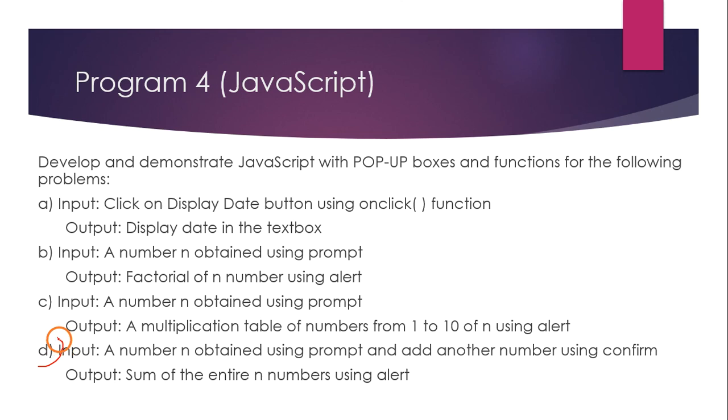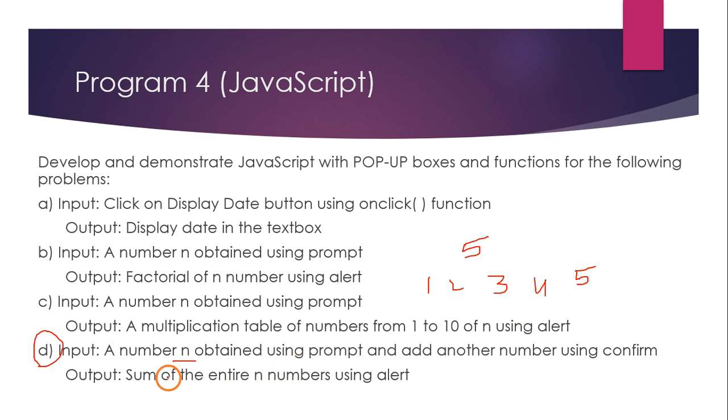So in this video we are going to look at the subprogram D in the program 4. What they are asking us to do in this subprogram is, again, to read a value n, that is a number, and for example n is given as 5. Then they are asking us to read 5 numbers, let's say for example 1, 2, 3, 4, 5.